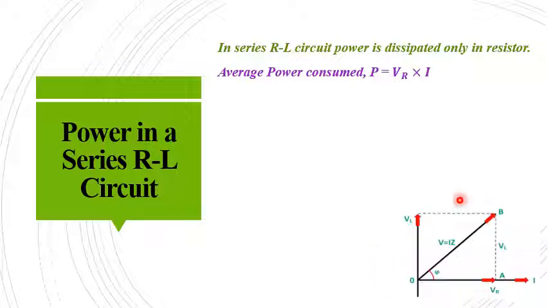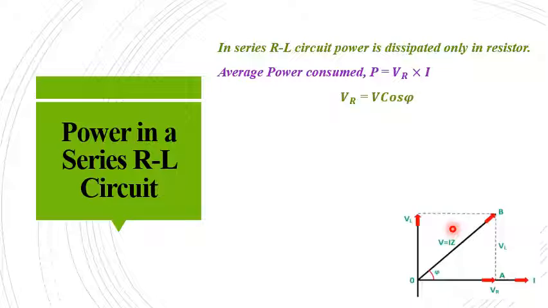From the phasor diagram we can see that the voltage across the resistance, that is VR, will be equal to V cos phi, because cos phi is VR by V. So VR is equal to V cos phi, because when a circuit is given we will only know the total supply voltage.